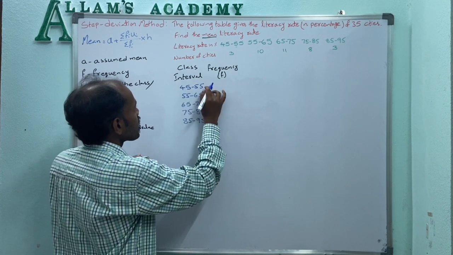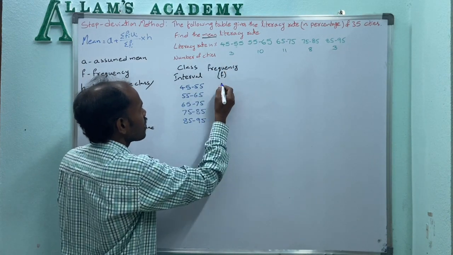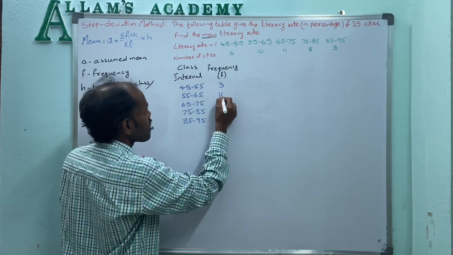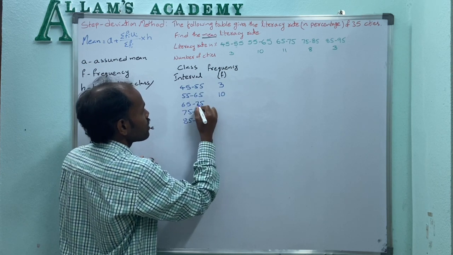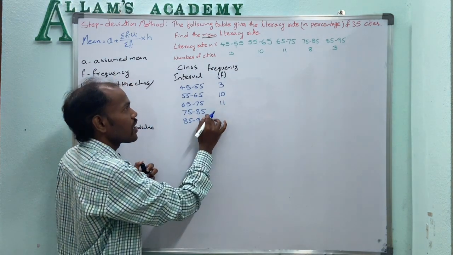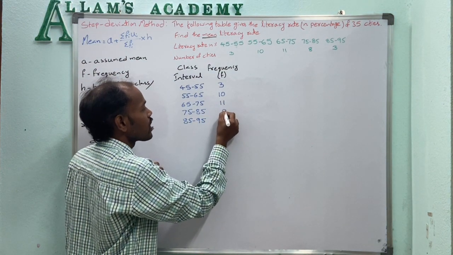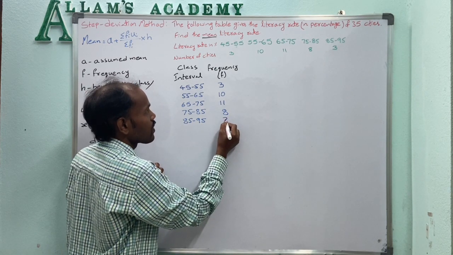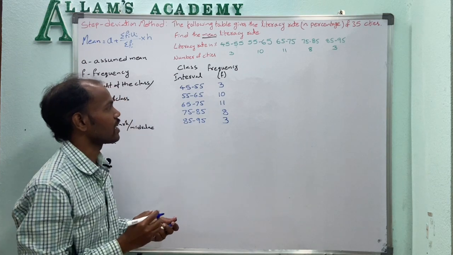For the 45 to 55 class interval, the corresponding frequency is 3. 55 to 65, corresponding frequency 10. 65 to 75, corresponding frequency is 11. 75 to 85, corresponding frequency is 8. 85 to 95, corresponding frequency is 3.